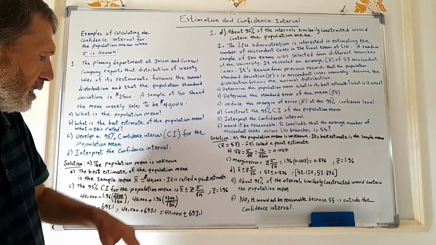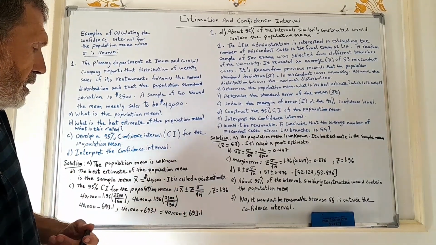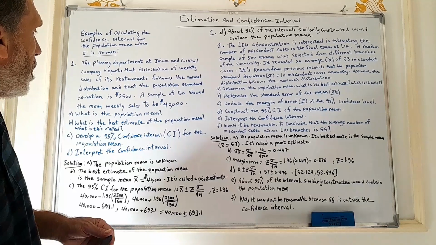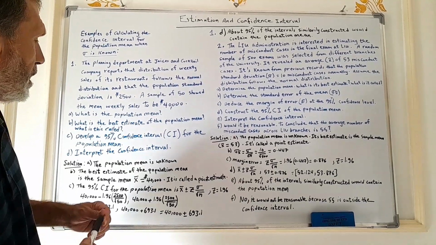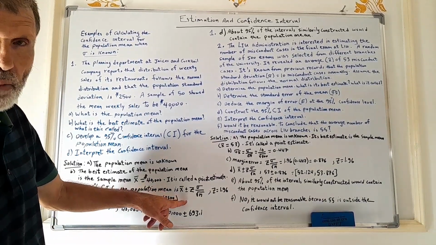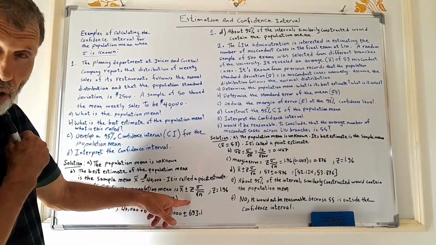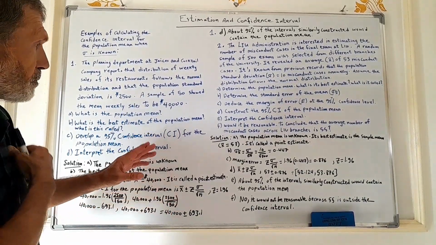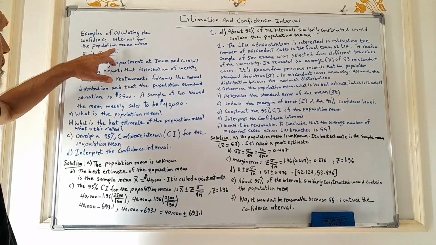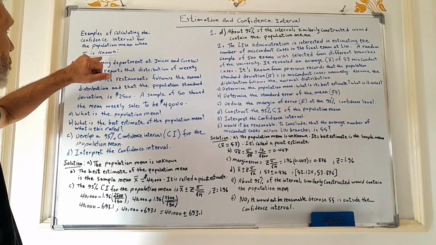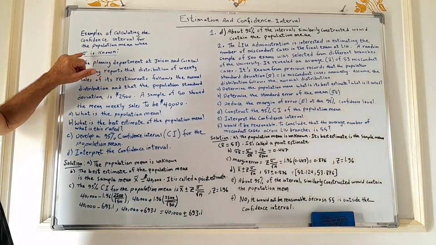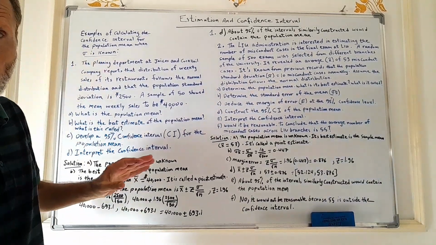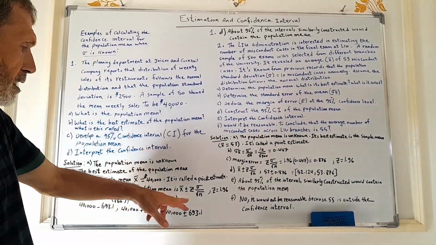Of course, sigma is the standard deviation of the population, which is known. Here, the title says when sigma, the standard deviation, is known. So we plug the numbers in.